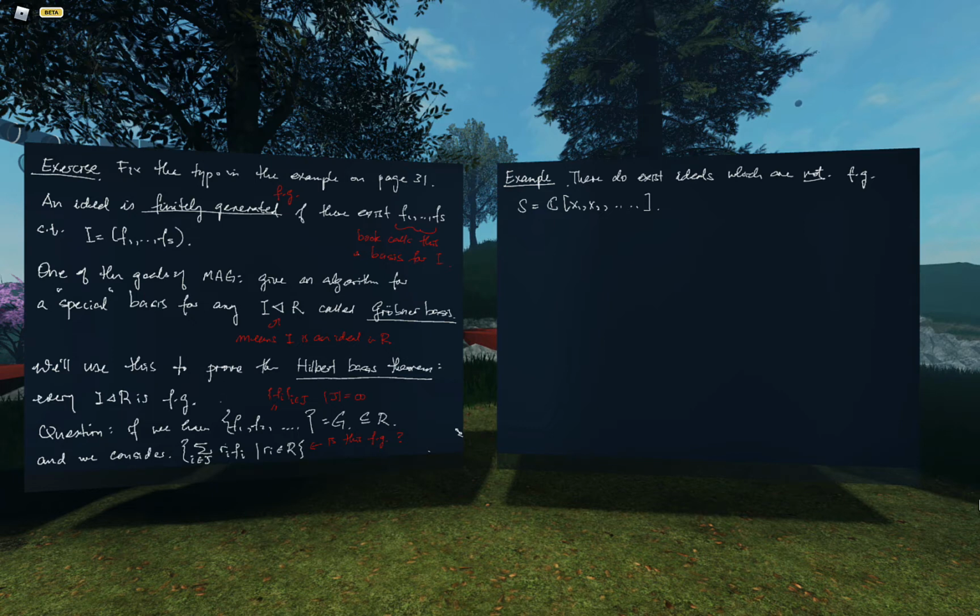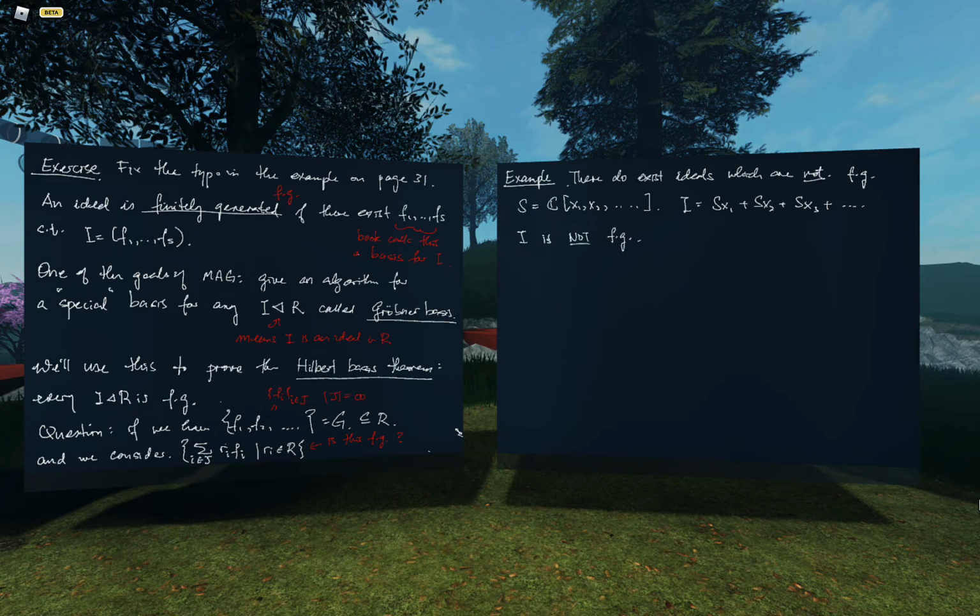You probably guess what this may be: you just do this for every single variable there. The exercise is to show that this is not finitely generated. So I is not finitely generated.